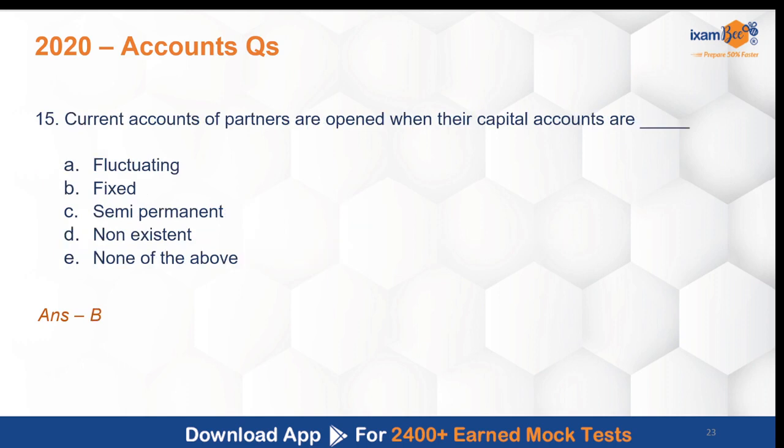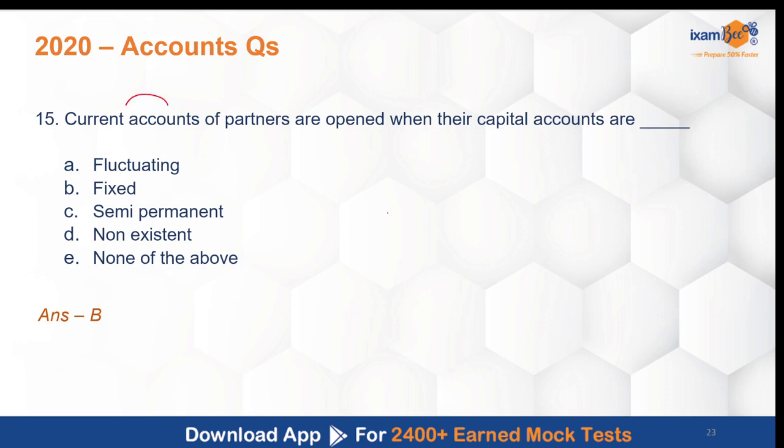The other question again related to the partners was, if the current accounts of the partners are opened, when there is a capital account, that is of what nature, right? So capital and current accounts of partners actually represent the capital that each of the partners has. So if there is a current account, that means any kind of profits coming from the year or any other kind of payment that is being done to the partner relating to a particular year is being accounted for in the current account.